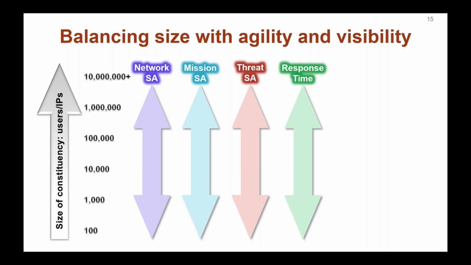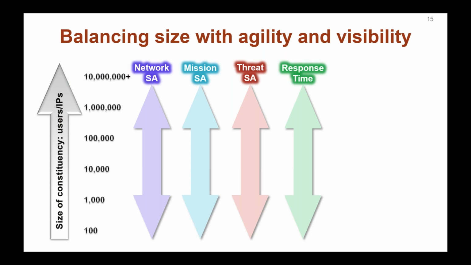Network situational awareness is what's going on in the bits and bytes on the networks and hosts that are happening. Mission situational awareness is the connection between what's going on in those bits and bytes to the relevancy and what's going on in the mission and the business of those systems. We're putting it in the context. And then finally, threat is all about the adversary, understanding the adversary. What are they doing yesterday, today, and what might they be doing tomorrow?